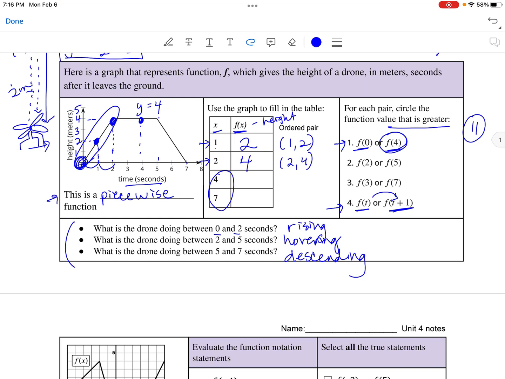But then after 2 seconds, it stays the same. And then for this piece of the function, it's actually lower every second that goes by. So for this one, I'm just going to say it depends on the interval, where in the function we're talking about, since this is a piecewise function.